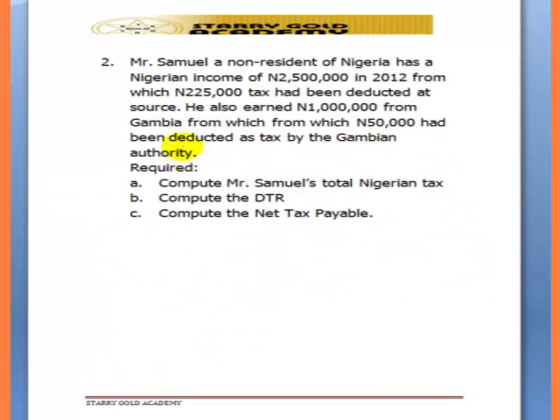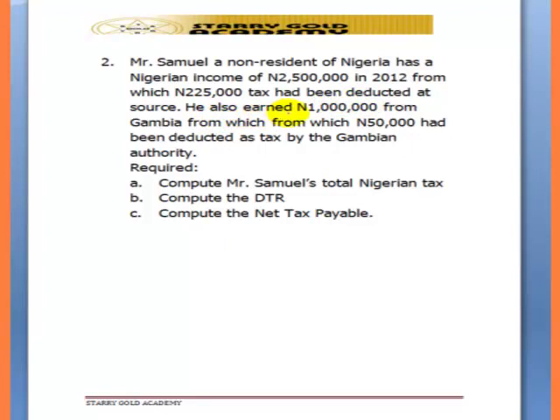Illustration number 2. Mr. Samuel, a non-resident of Nigeria, has a Nigerian income of 2,500,000 naira in 2012, from which 225,000 naira had been deducted at source.